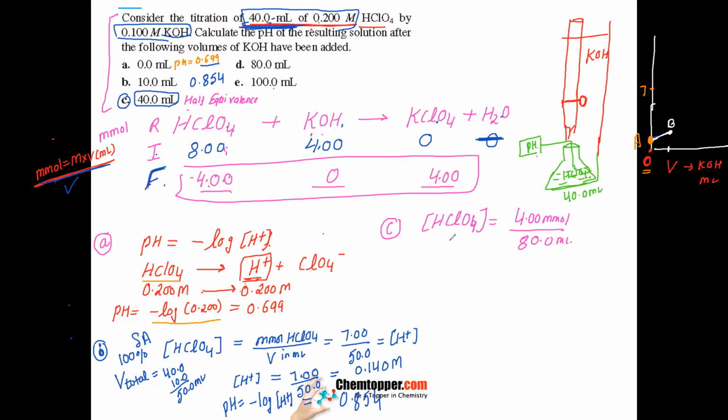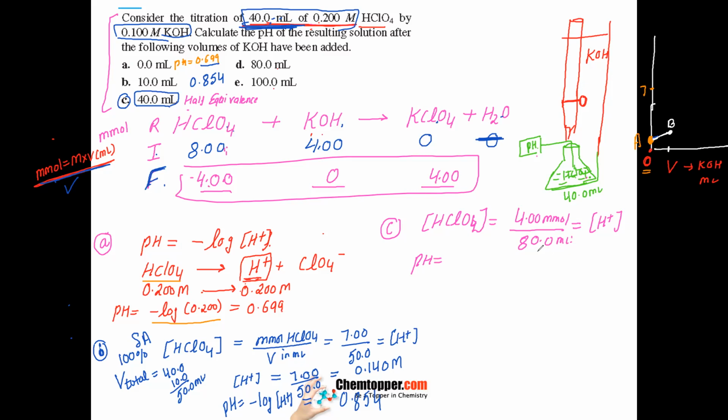So don't you think that this is a strong acid, so the concentration of H plus will be the same because it is 100% dissociated? So it's fully dissociated. So I'm taking the same concentration. So what's the pH? Negative log of this concentration.